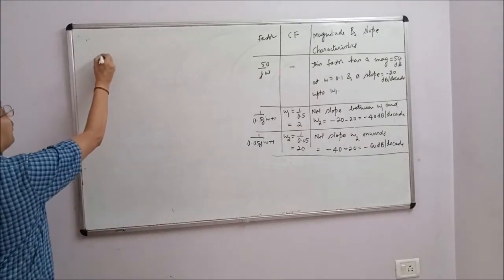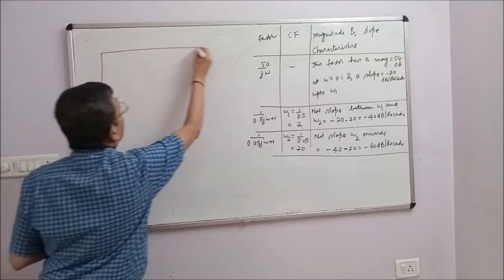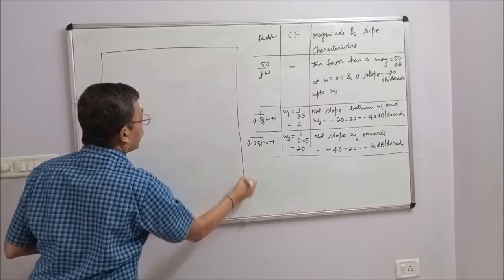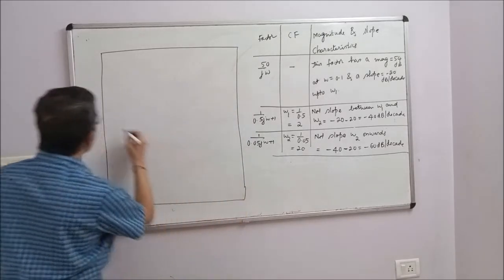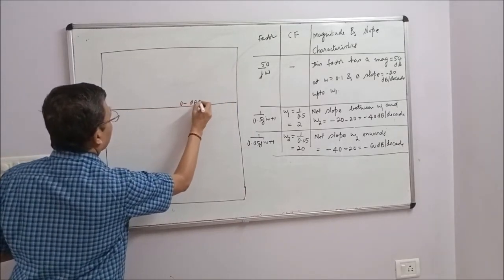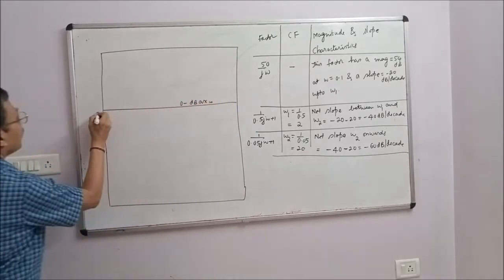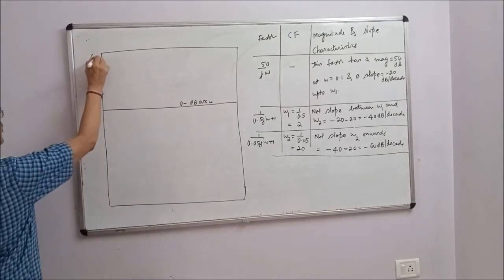Let us assume that this is the semi-log sheet. This is called the 0 dB axis. This is 0, 20, 40, 60.